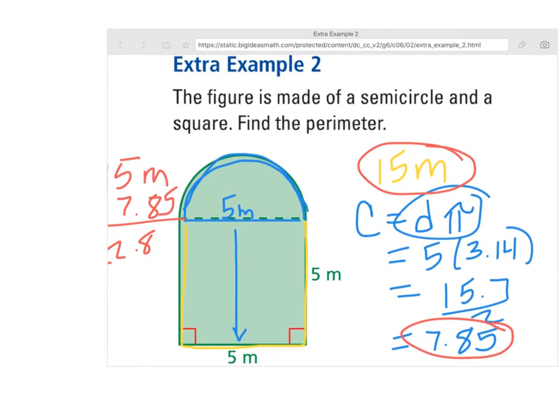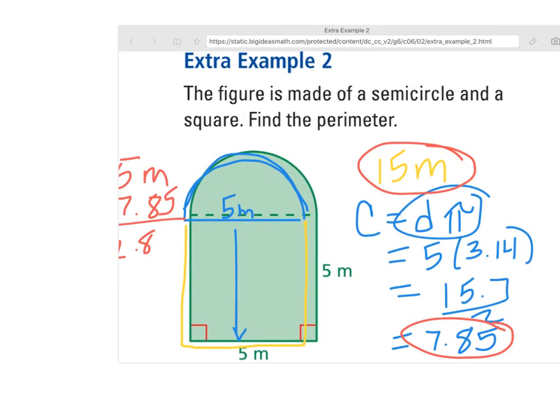Whoops, I moved it on there, but I'll just rewrite it. 22.85, and this would be meters. So our perimeter of this entire shape is 22.85 meters. Good. All right, I think we have one more example.